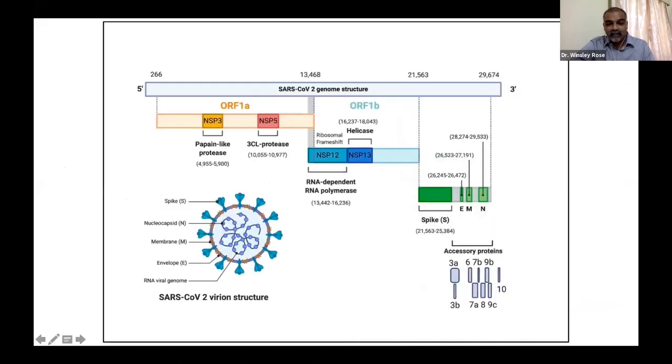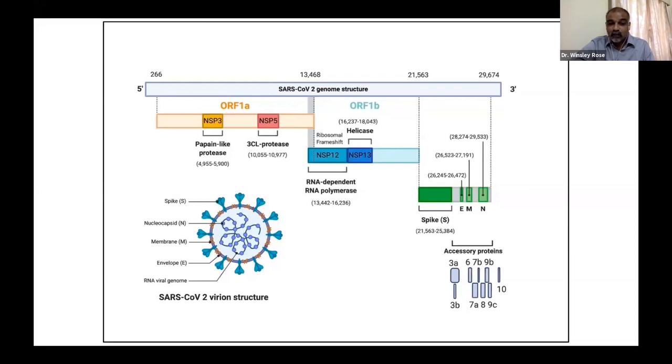Now, we all recognize that the coronavirus is a spherical virus. It's got a lipid bilayer onto which there are structural proteins, of which the most important are the spike protein, then the membrane protein and the envelope protein.